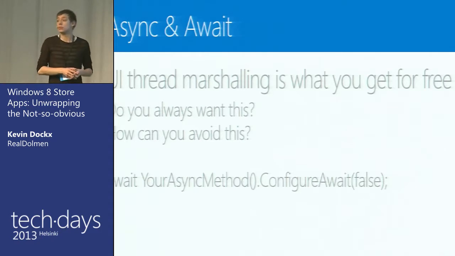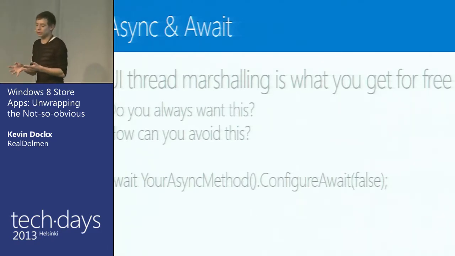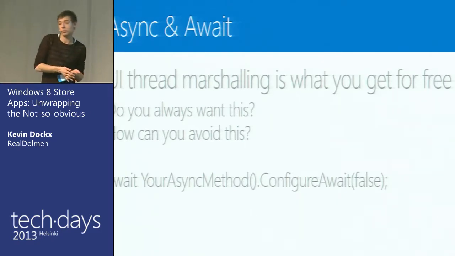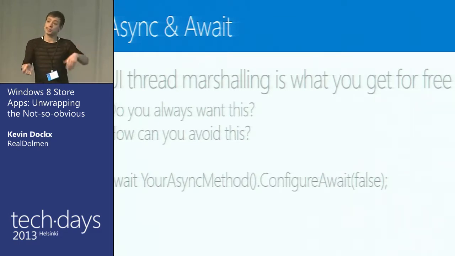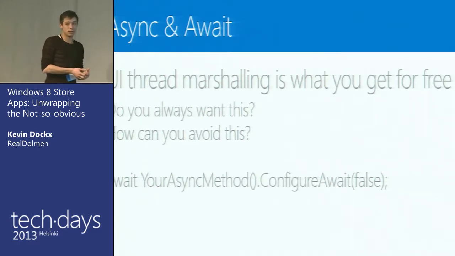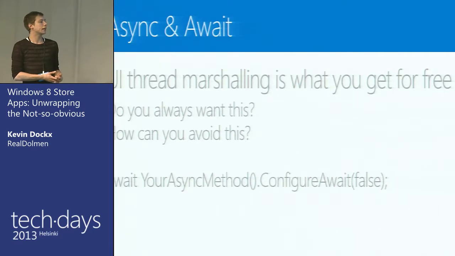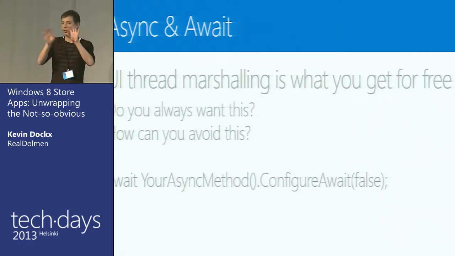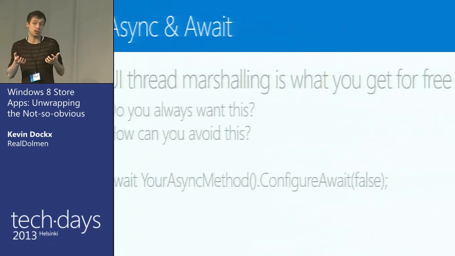But in some cases, you might not want to get it back to your UI thread. You might not want to marshal it back to your UI thread, because marshalling stuff back to your UI thread that shouldn't be on your UI thread, well, that actually means you are creating an application which might feel slow for the user, because you're doing stuff on his UI thread, which is what he sees and feels, that shouldn't be there.